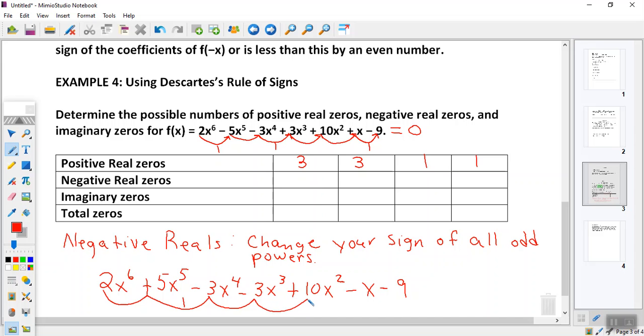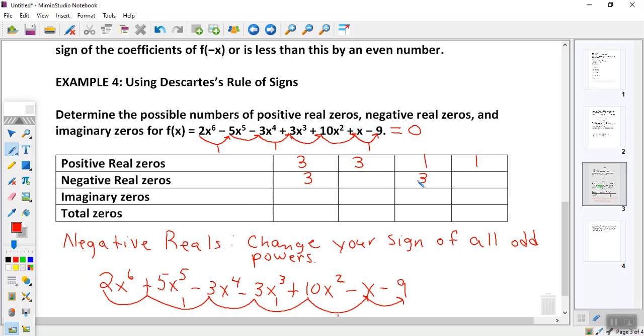Went from a negative coefficient to a positive coefficient, so that's my second one. Going from a positive down to a what again, kids? Negative, so there's another one. And then negative to negative, no. So how many possible negative real values are there? 3. Okay, here's what I want you to write down. Put your 3 here and your 3 here.